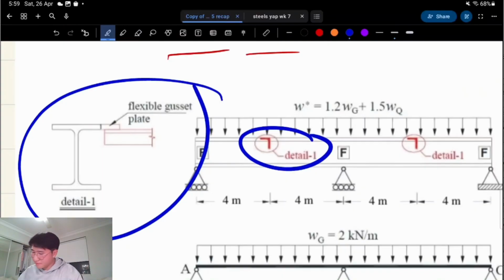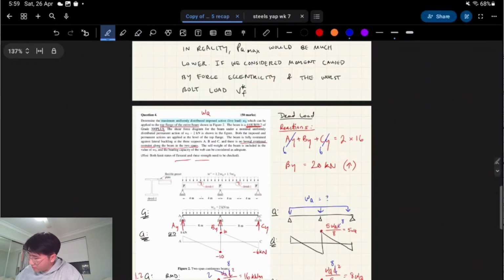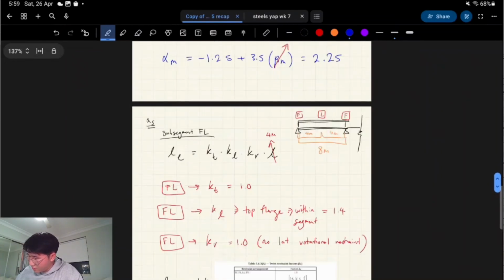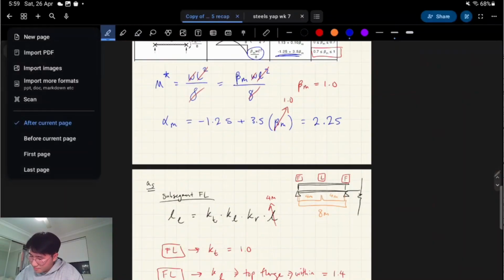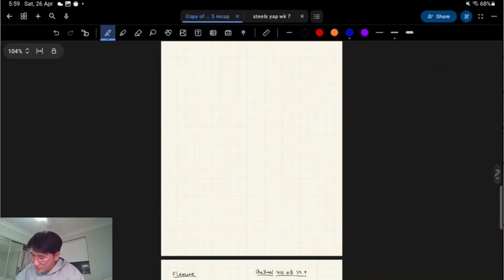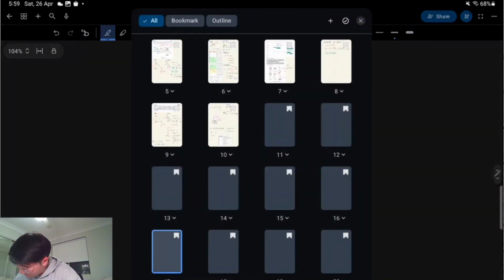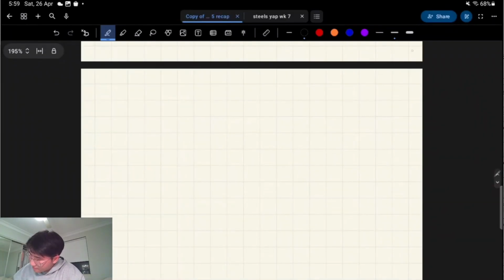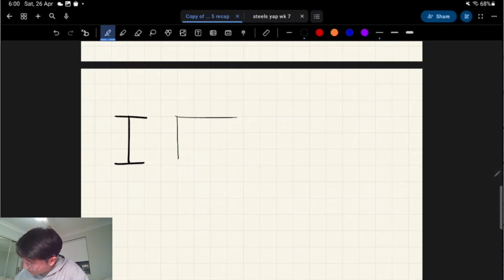Right? So why is that important? Well, we have to unpack lateral torsional buckling a little bit. Basically, imagine this is your I-beam, your 410 UB, and then we have a beam like this.